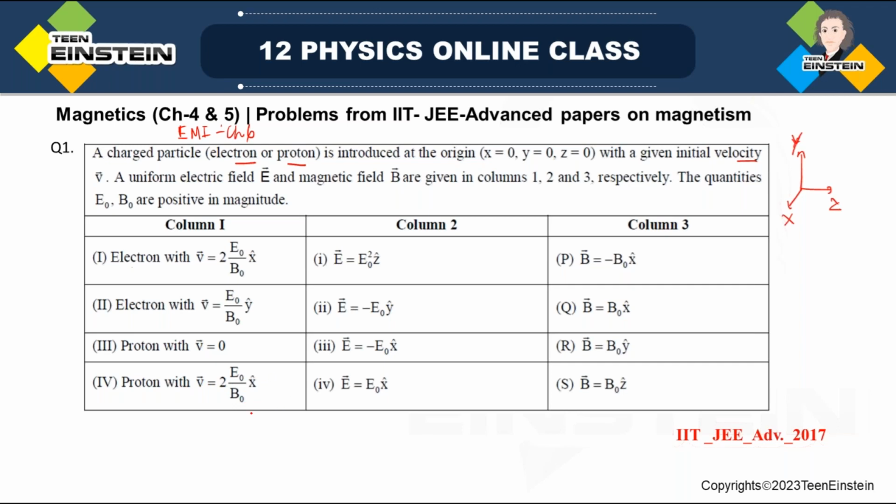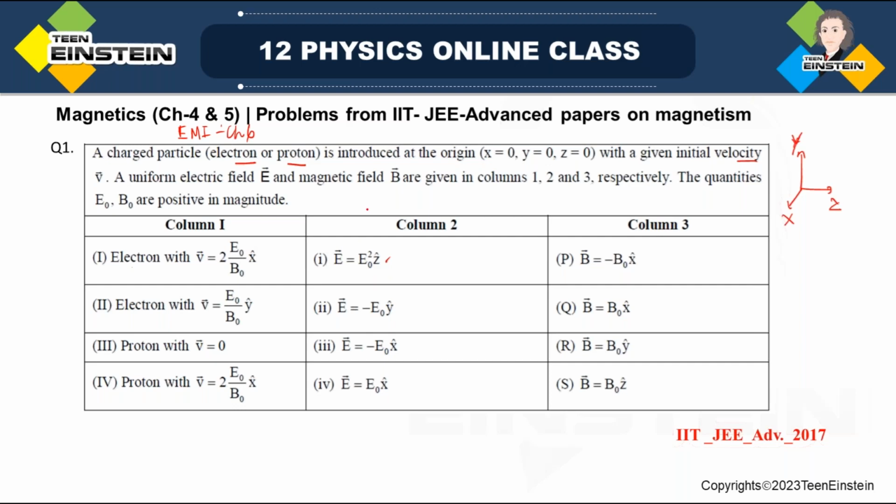And in the next column, the electric fields are given, and in column 3 magnetic fields are given. You can see this is along z direction with magnitude E0 square. Here it is negative y direction with magnitude E0. This is negative x direction with E0, etc. And similarly magnetic fields are also given in various directions.